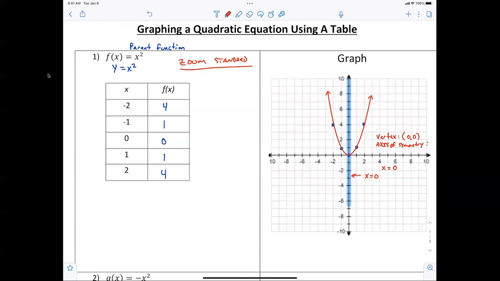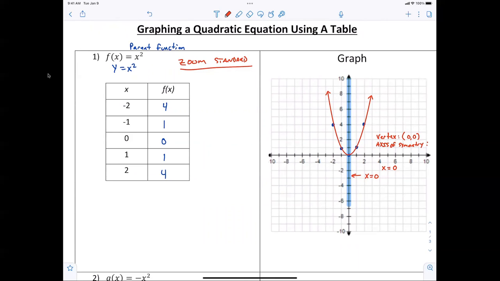So I'm going to say it one more time. Window, there's an actual word on the calculator that says window. You have to hit the second button and then window, because you want the blue button right above it. It says table set. Then you want to click down to independent and change it to ask.